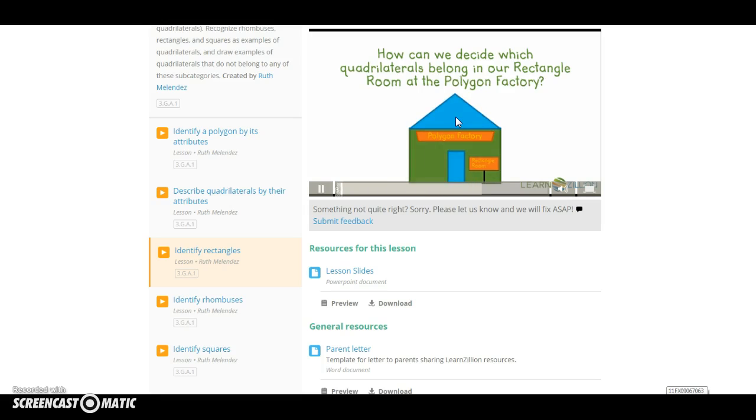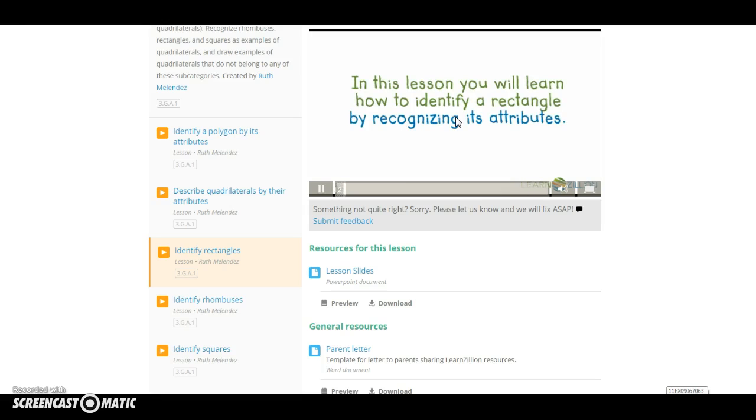We have been hired to determine which quadrilaterals belong in the rectangle room at the polygon factory. How can we decide which quadrilaterals belong in our rectangle room at the factory? In this lesson, we'll learn how to identify a rectangle by recognizing its attributes. Let's review what we know. A quadrilateral is a polygon with 4 sides and 4 angles.